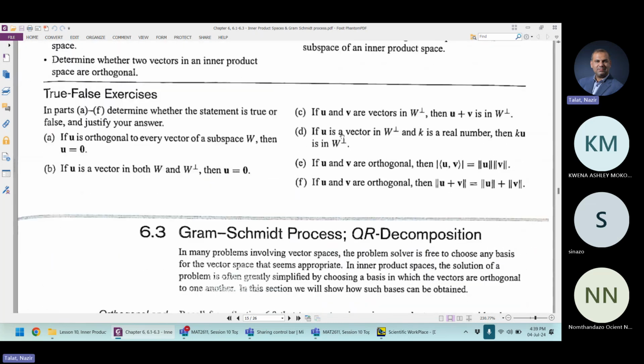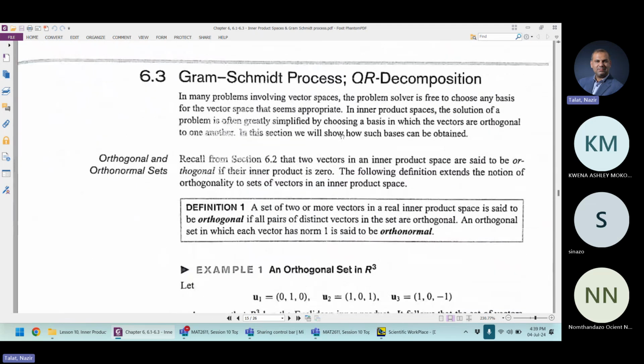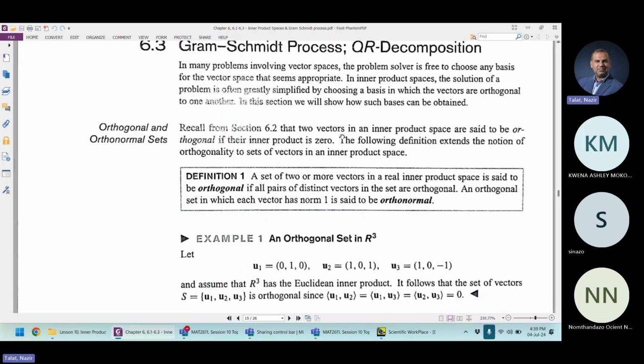One of the interesting things here is how we can get orthogonal bases whenever we have some original bases available. We can obtain orthogonal bases by a method called the Gram-Schmidt process. Here we can see some examples of the Gram-Schmidt process, but first of all, we know that a set of two or more vectors in an inner product space is said to be orthogonal if their inner product is equal to 0.